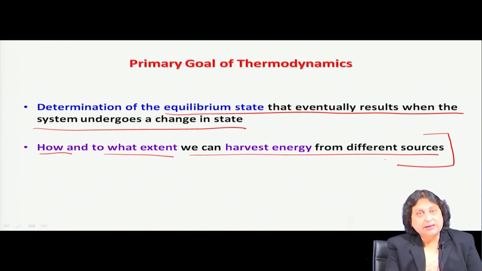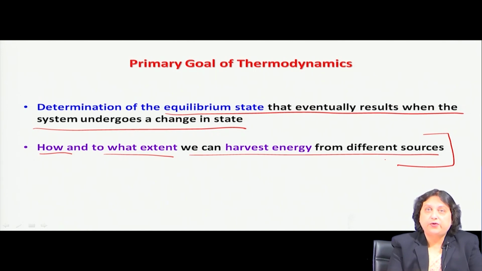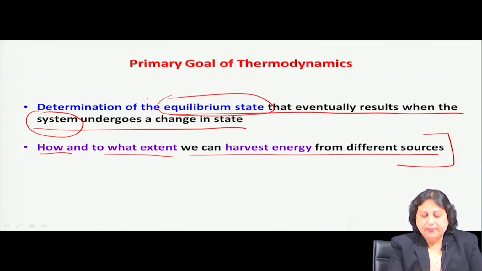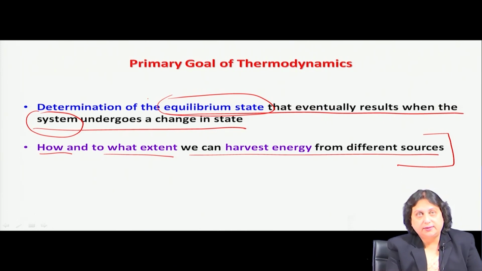And in order to do this, thermodynamics had to introduce certain basic formalism and had to address one basic question. It had to define what a system is. It had to define what an equilibrium state is for this system. It had to understand that we can harvest energy only when the system passes from one equilibrium state to another.